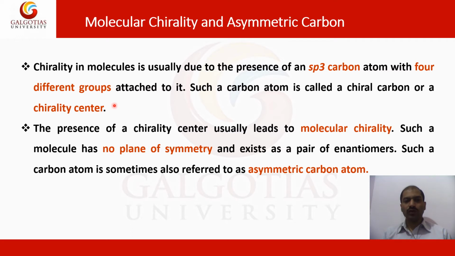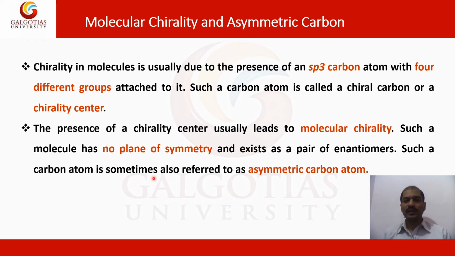If four different atoms are attached to that carbon, then it is said to be a chiral molecule, and the central carbon which has these four different groups or atoms is said to be a chiral center or chirality center. The presence of a chiral center usually leads to molecular chirality, because if the chiral center is there, then obviously the overall molecule will be chiral.